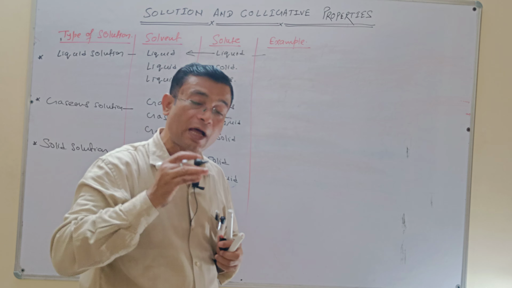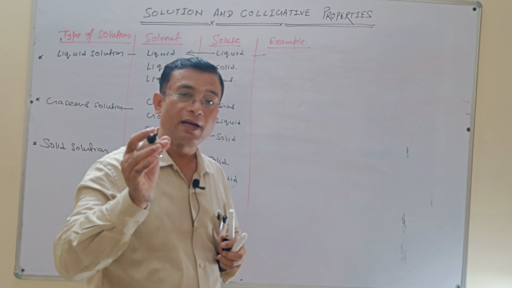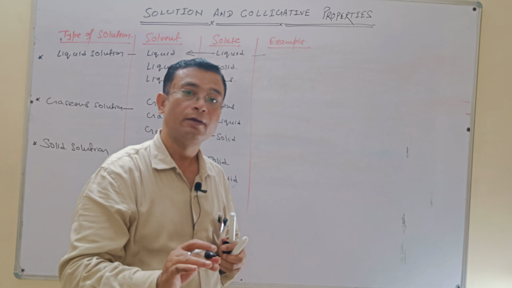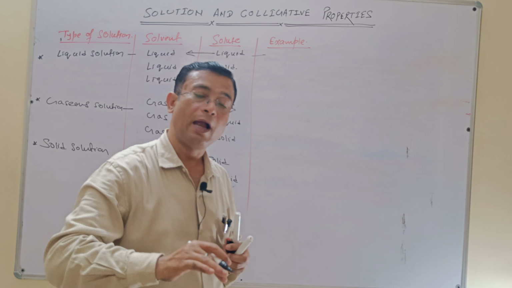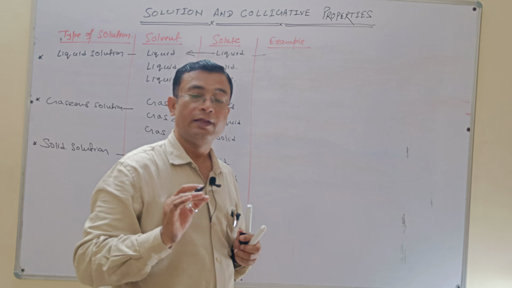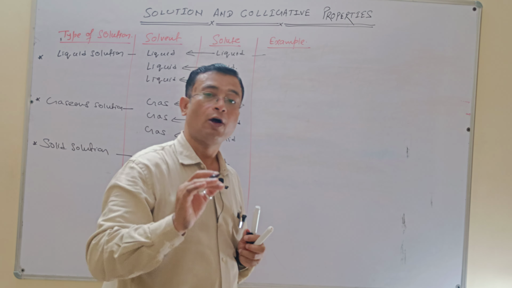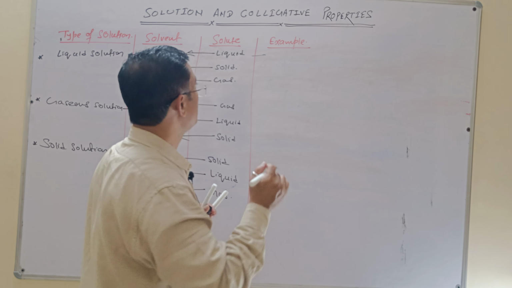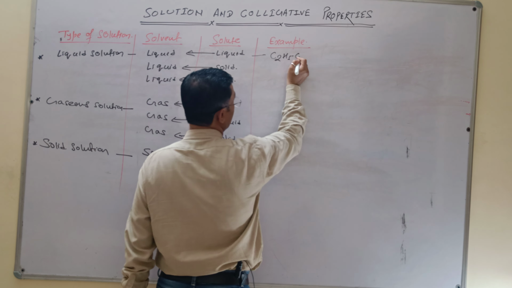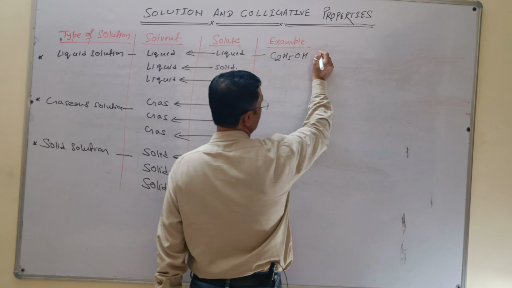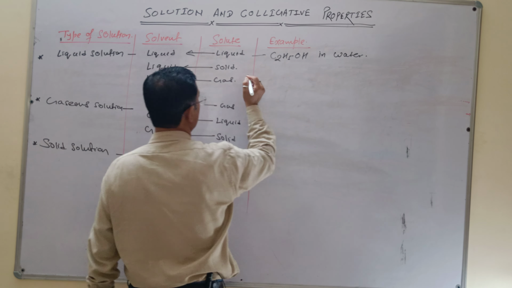But if my words are water in ethanol, then water is present in the smaller quantity, ethanol in larger quantity, water is solute, and ethanol is solvent. Then be careful about the wording, about the language of the question. So suppose I am writing here C2H5OH ethanol in water. This is the example.